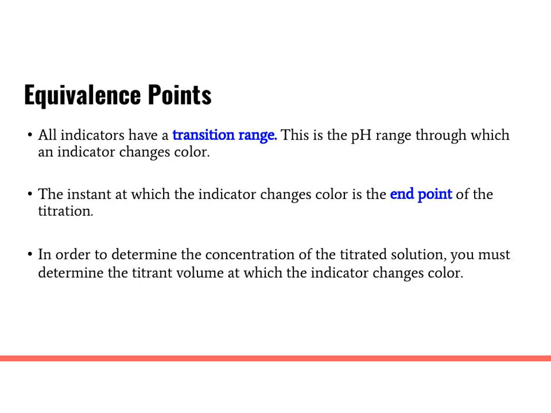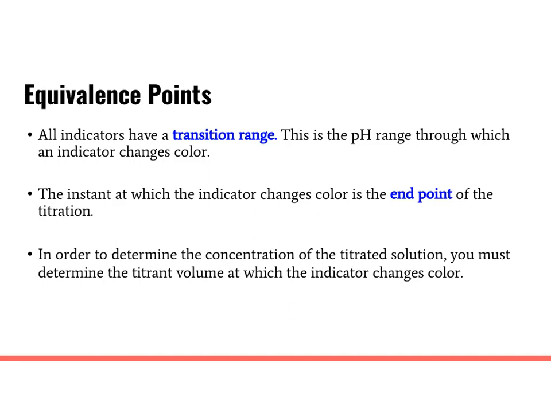So we use an indicator to help us identify where that transition range is, when the pH is changing. When we see that indicator change color, that's our endpoint. We're done with the titration. We know we've reached that equivalence point. We know that the amount of base and the amount of acid ions are the same.